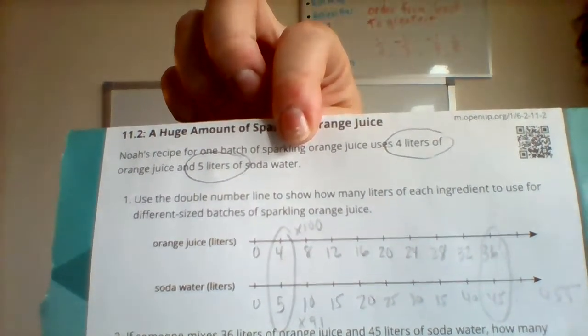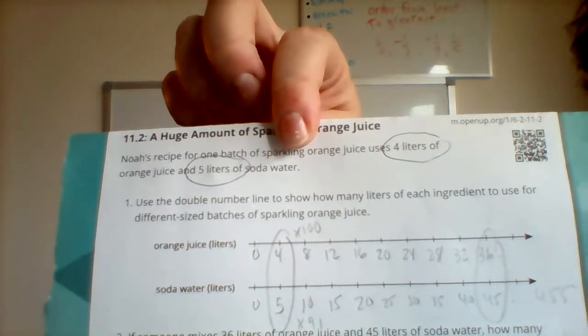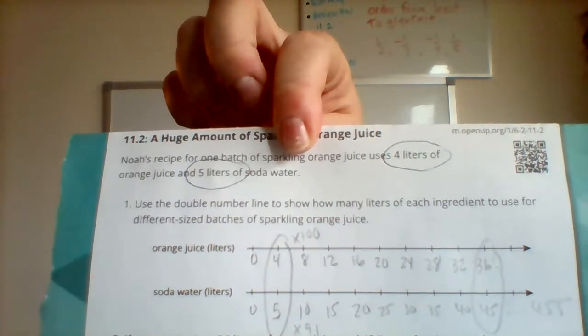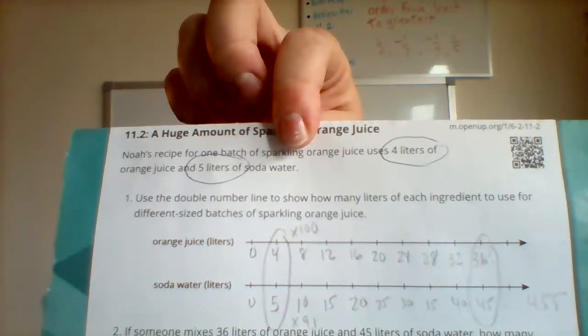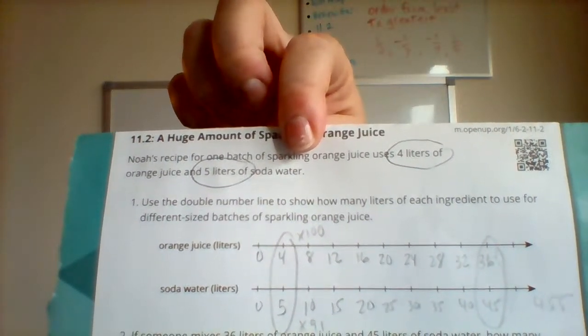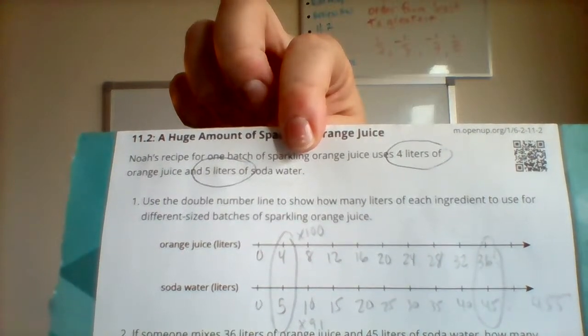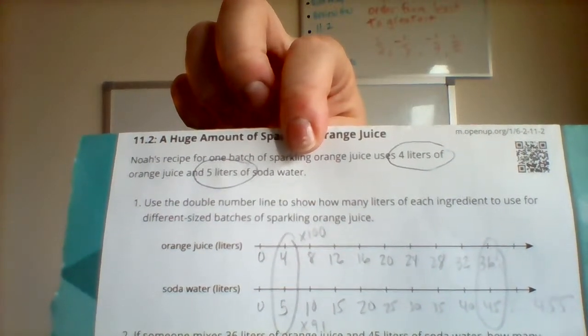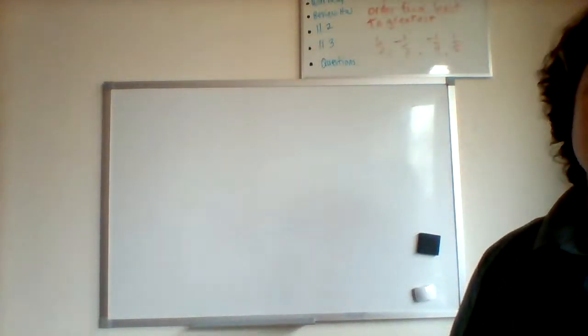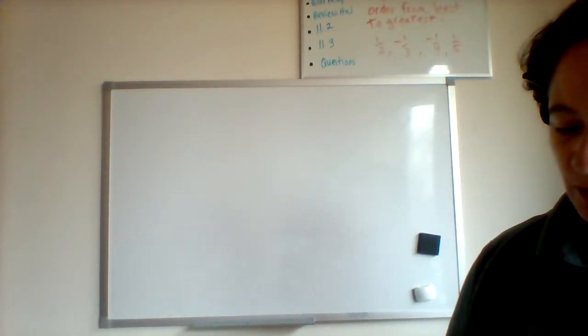They said it's going to be 4 to 5, so you do that. You count by 4s, you count by 5s. All right? Now, by doing that, it makes the questions a lot easier to ask, right?